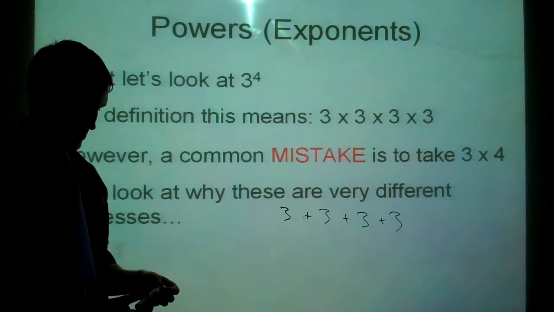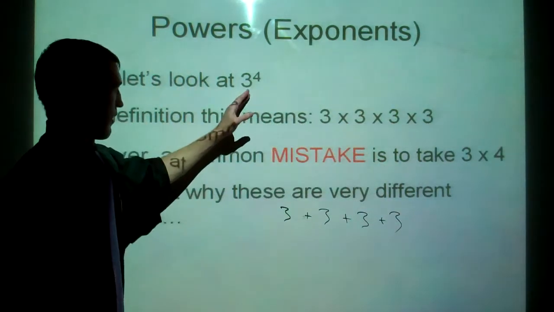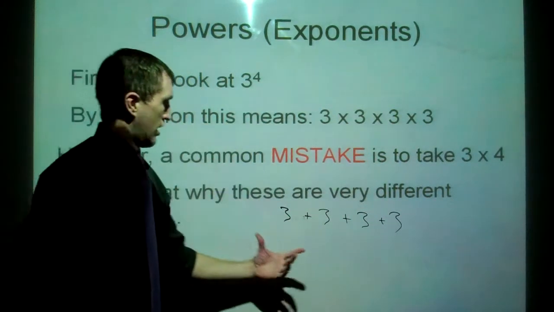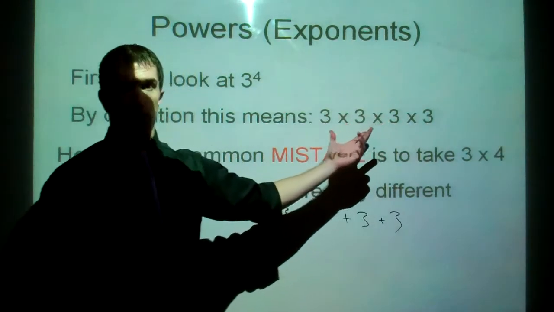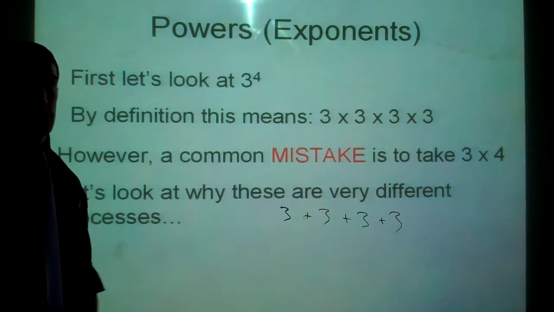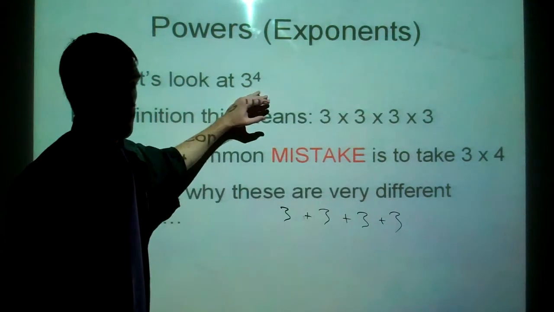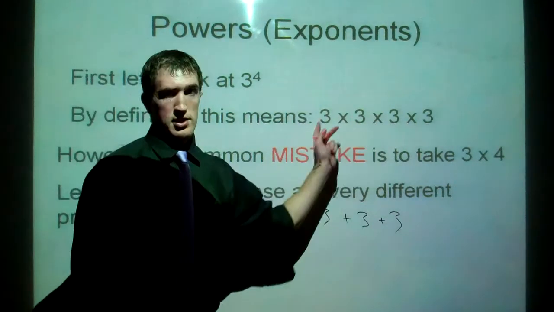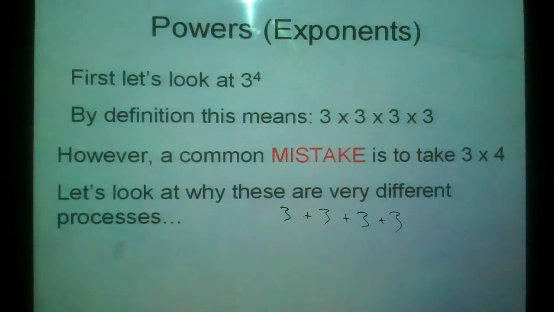So the big difference between multiplying 3 times 4 and taking 3 to the fourth power is that here we're adding 4 3's and here we're multiplying 4 3's. So very different, and we will not get anything close if we try to do 3 times 4 here. It's definitely not going to be close to the answer we get here. And our next slide, we're going to see what that is.